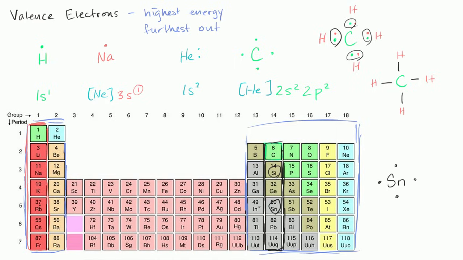Now, what about your transition metals, your D block right over here, and actually your F blocks are going to be thrown in here as well. These are special cases, and they get a little bit more involved, because as we already learned, once you're in the 4th period, let's say we want to do the electron configuration of, say, iron.